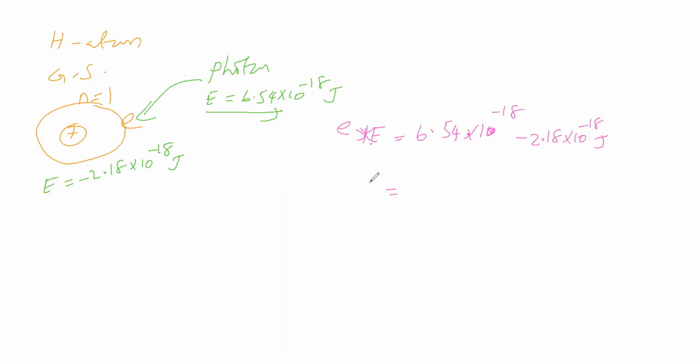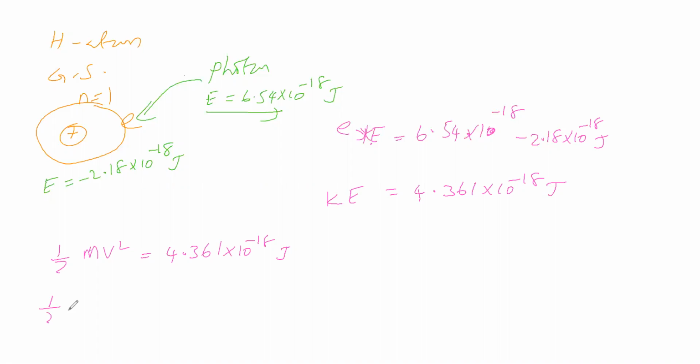So we are getting the kinetic energy of the electron from this, that is 4.361 into 10 to the power of minus 18 joule. Now they are asking for the velocity of the photoelectron. Kinetic energy is half m v square, which equals 4.361 into 10 to the power of minus 18 joule.